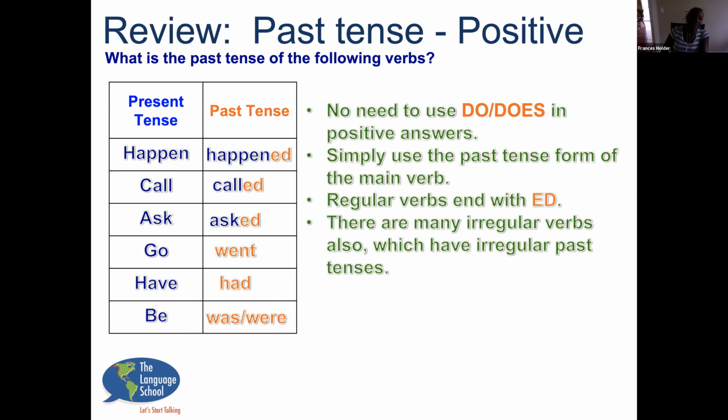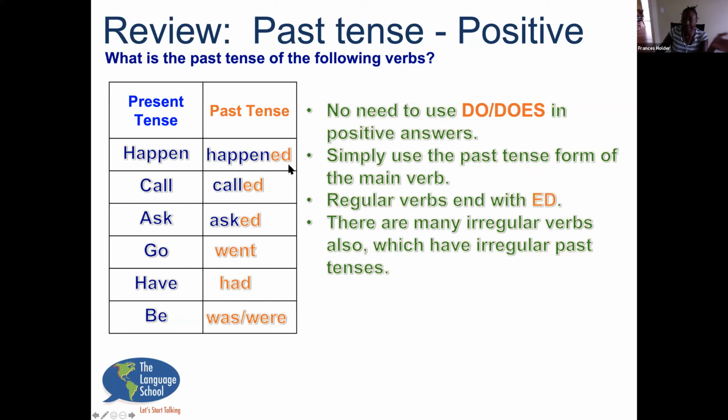All right. So when you answer a question in the affirmative or in the positive, saying yes, you simply use the past tense form of the main verb, okay? Regular verbs end with ed. Irregular verbs have their own form, which you have to learn, okay? And these past tenses, it's worth pointing out, it does not matter what the subject is. These do not change.